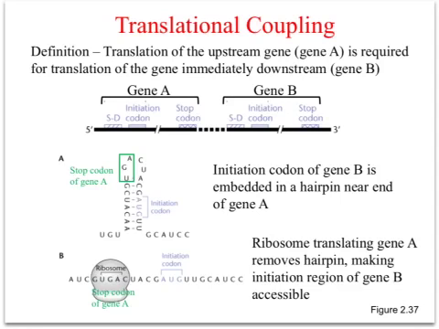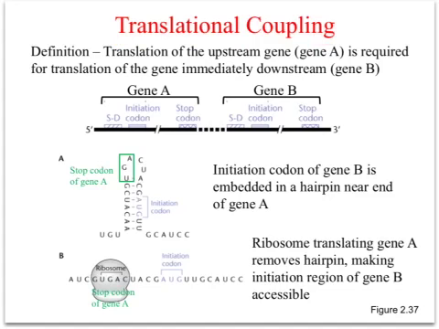I want to talk for a minute about translational coupling. Now first I want to mention that translational coupling is not the same thing as transcriptional translational coupling. So transcriptional translational coupling says that translation happens immediately after a transcript is made, and that a transcript and a protein are made almost the same time by ribosomes that bind immediately to the transcript.